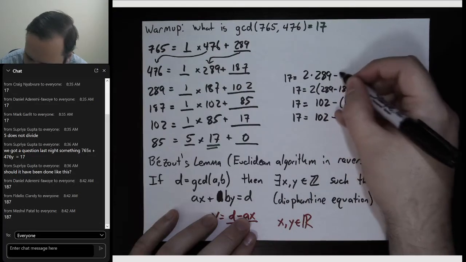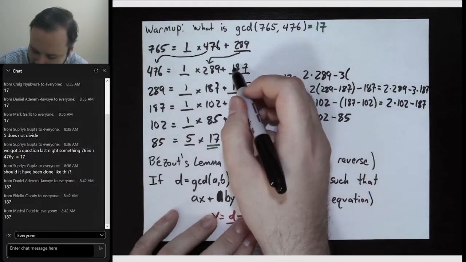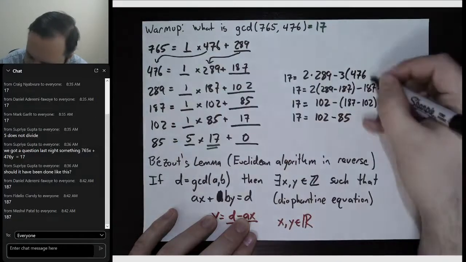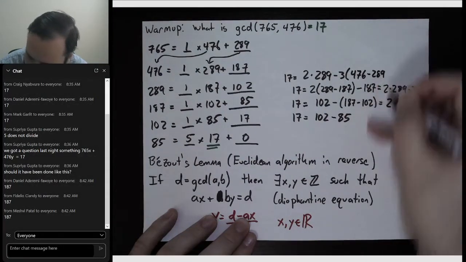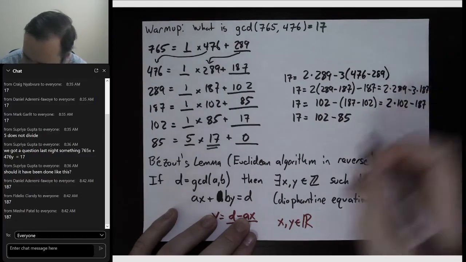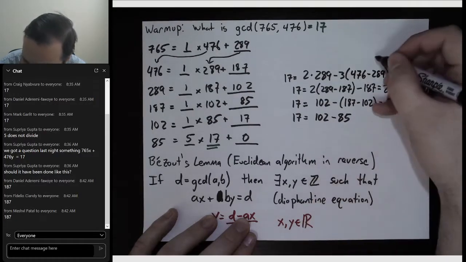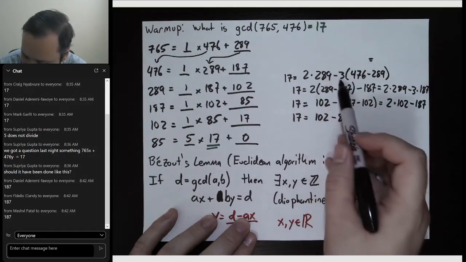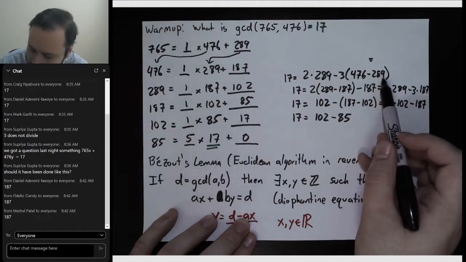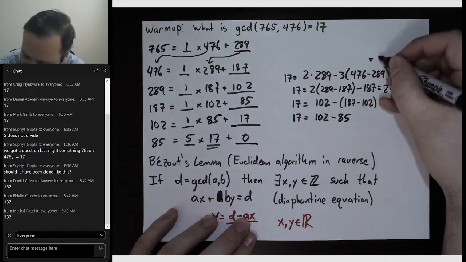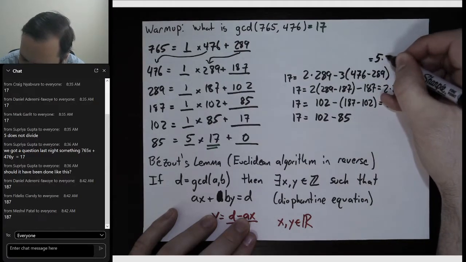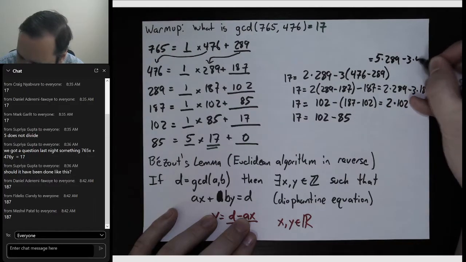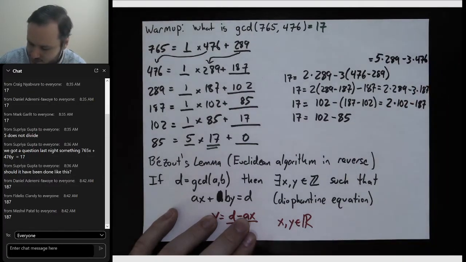And now I have minus 3 times, but instead of 187, I want 476 minus 289. And so this is going to be equal to 2 copies of 289, minus 3 times minus 1 gives me 3 more copies, for a total of 5 copies of 289, minus 3 copies of 476.